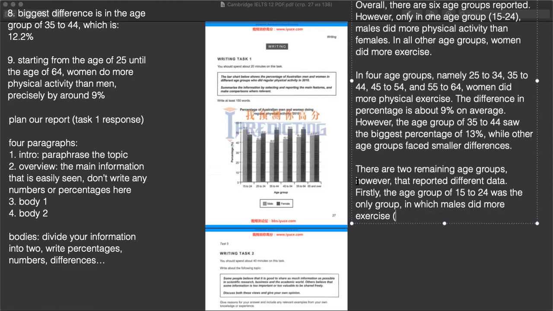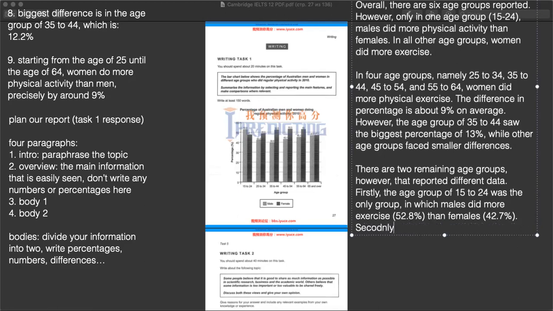and we can write it here, about 52.8% as compared to females, who wrote 42.7%. So it was this first age group, and then this last age group, which was kind of different.